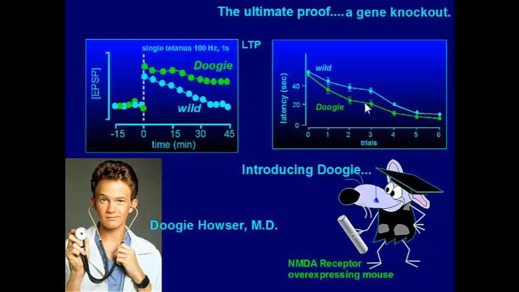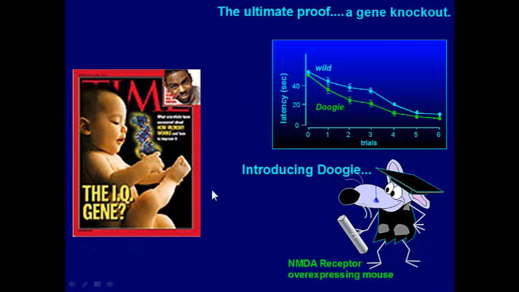Doogie at almost every point here is significantly higher, in significantly less time, in finding that hidden platform. So Doogie is smarter. And in fact, the week that this particular article came out, this was the cover that week in Time magazine with the question here, have the neurobiologists found the IQ gene?